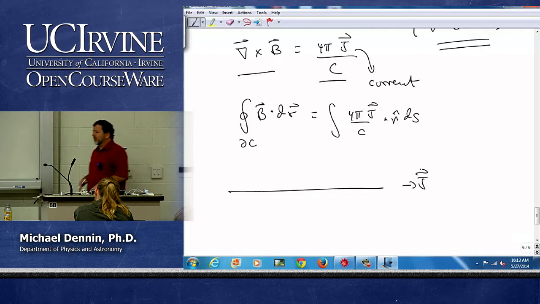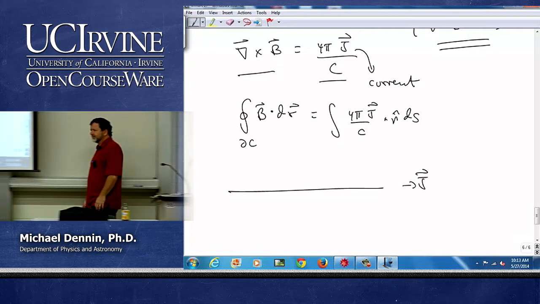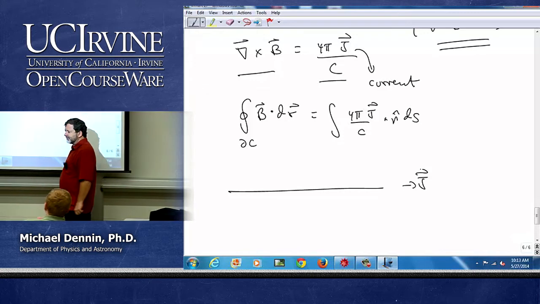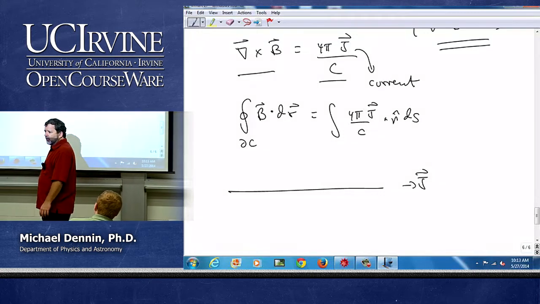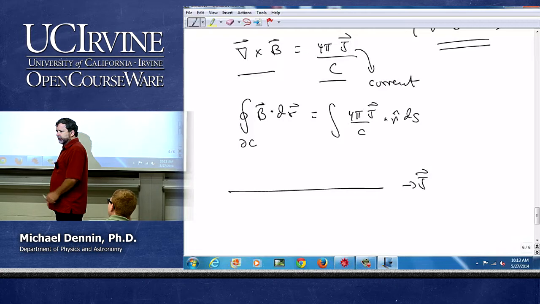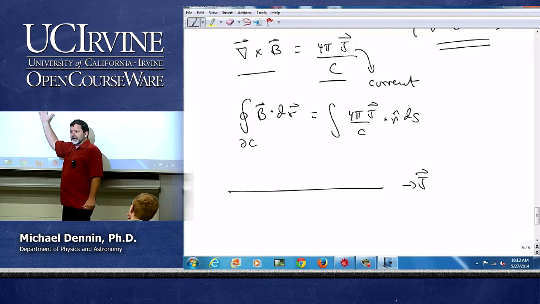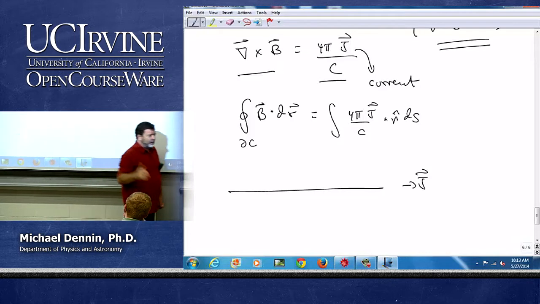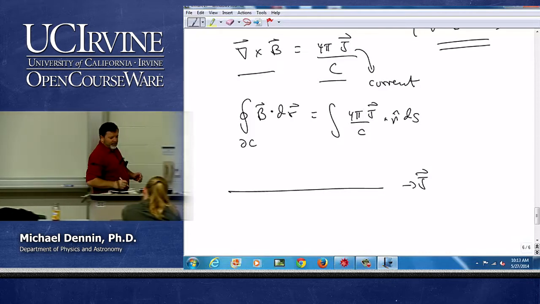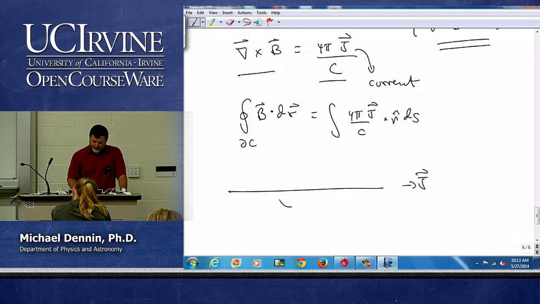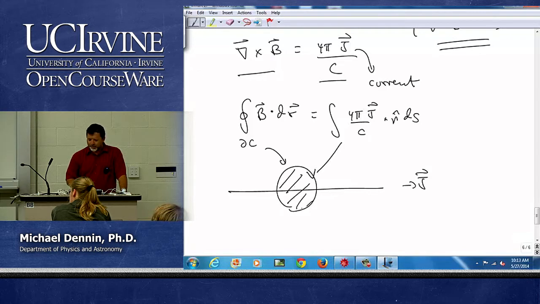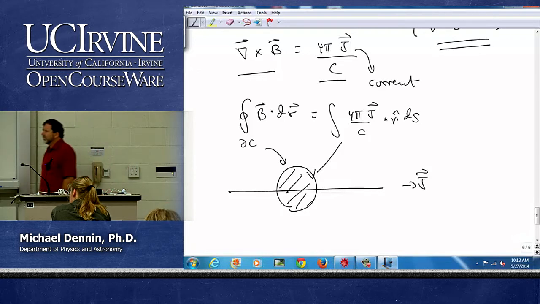What's the symmetry we're looking for here? We know basically what? The magnetic field lines have to be circles in this case. Again, there's no other direction they can really have. And once the magnetic field is known to be a circle, that's the circle we're going to integrate around, and that's the area we're going to look for current cutting through.